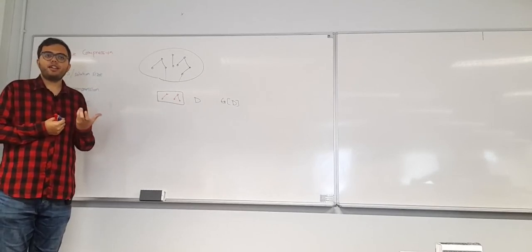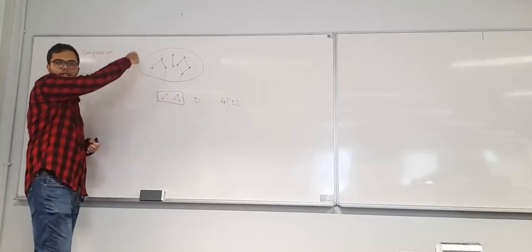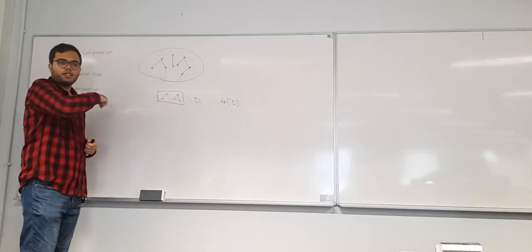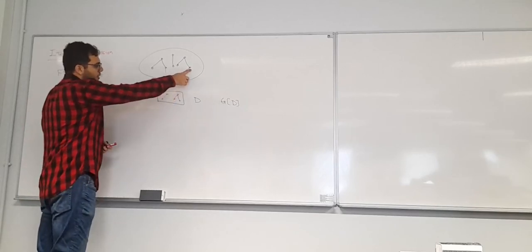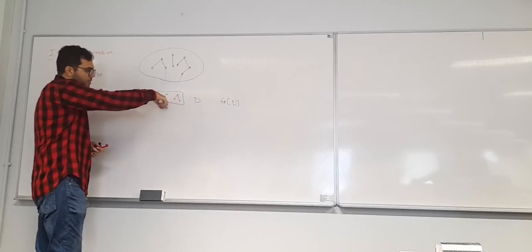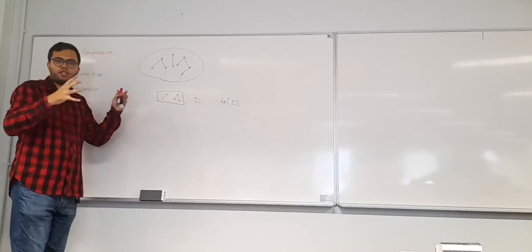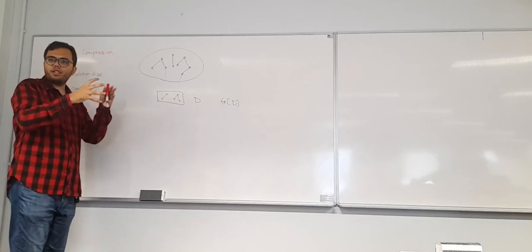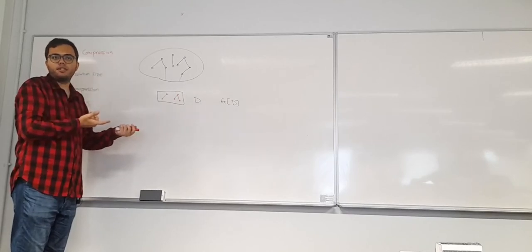Why is that? Because every cycle has to go through both parts, right? So if I have a cycle that, for example, uses this tree, that cycle at some point comes to one of the vertices in this tree and then goes some path inside this tree and then goes out from somewhere else. But if I just merge all the vertices in this tree into a single vertex, I would still have the same cycle.